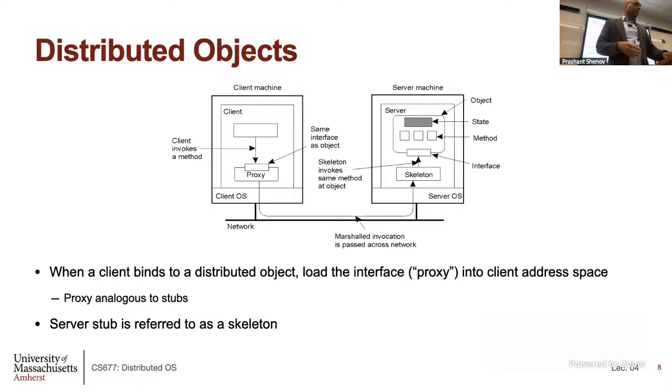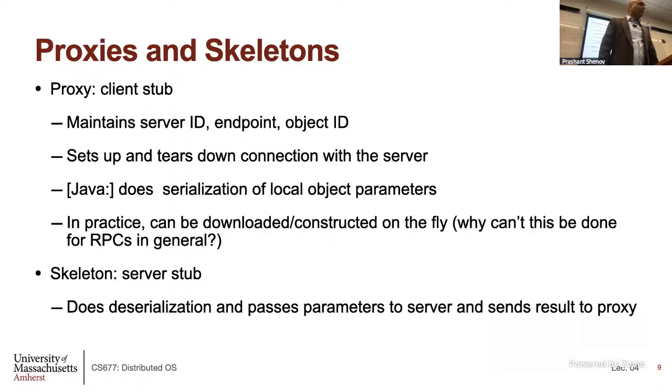Okay. So with that, let's look at some details of how all of this is going to work. As I said, the client stub is called the proxy in the Java world. The server stub is called the skeleton. Okay? All of the details that we talked about of how to make RPCs work also arise here. Okay? Specifically, we are not going to assume that the client machine and the server machine use the same hardware.